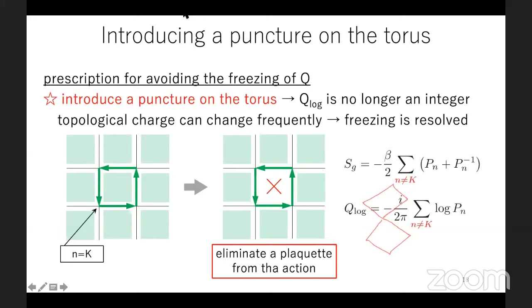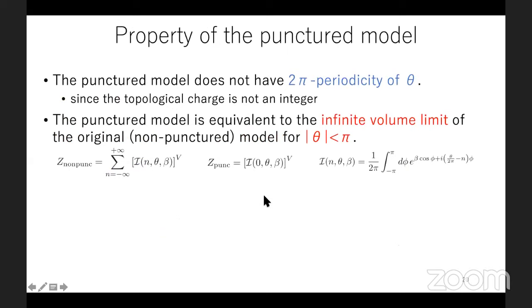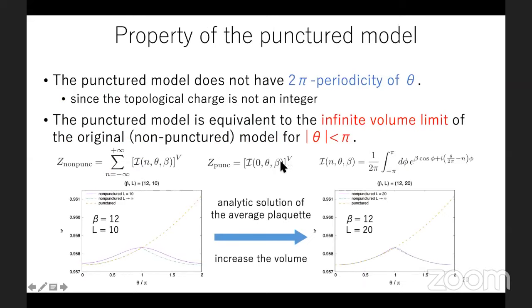Does the size of the puncture play any role? Can you control the finite puncture size effects? Actually, in the analytic expression, the size of the puncture is not important because you can see that this partition function depends only on the volume. This volume corresponds to the number of brackets. So the size and the shape of a puncture are irrelevant for the analytic expression.